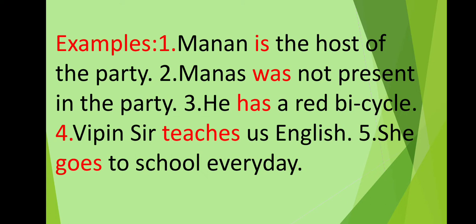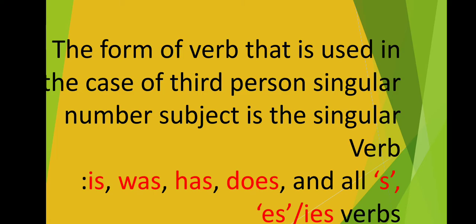Let's study some examples. Manan is the host of the party. So here Manan is singular. So that's why the singular verb is is used. Let's go back to the previous page. Here the form of verb that is used in the case of third person singular number subject is the singular verb.